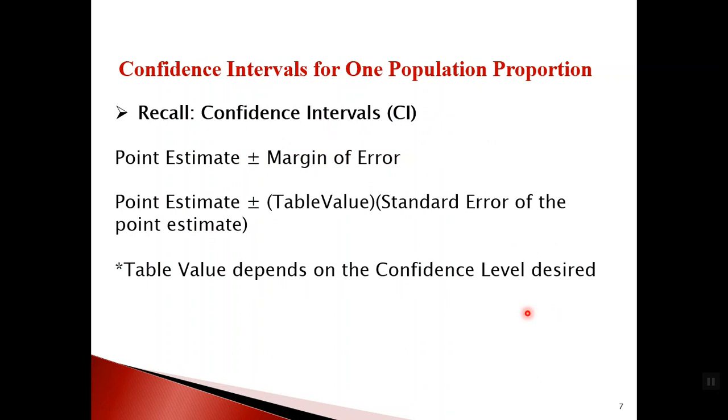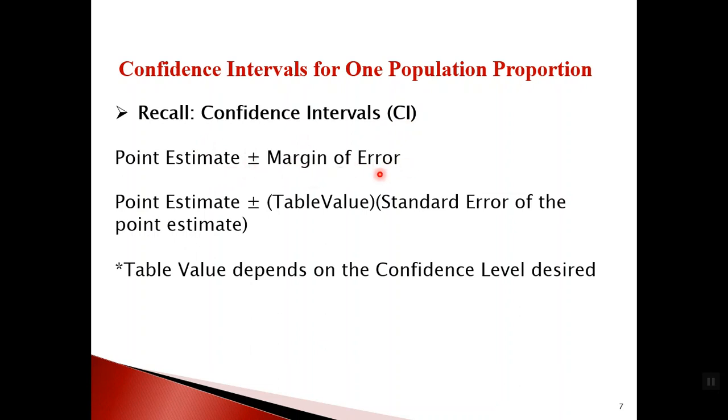If you remember the confidence interval for one population case we discussed a few chapters back, we denote it by CI, confidence interval. So a confidence interval is point estimate plus or minus margin of error.